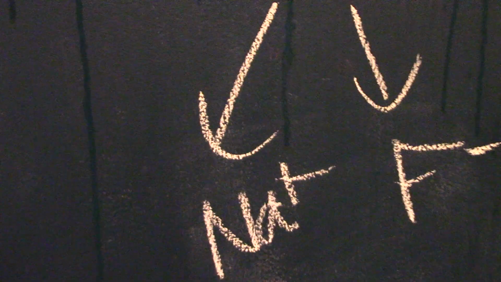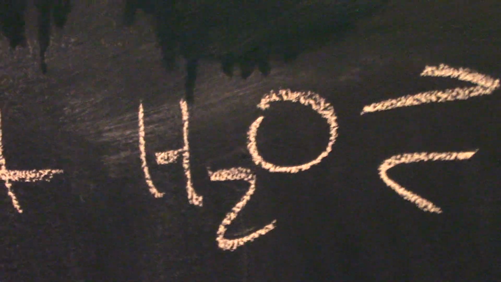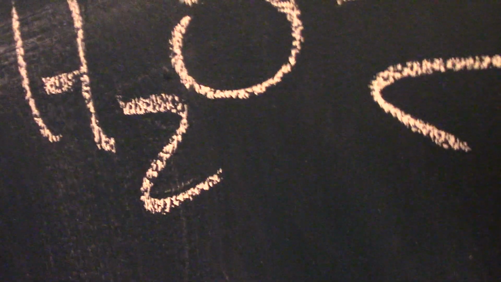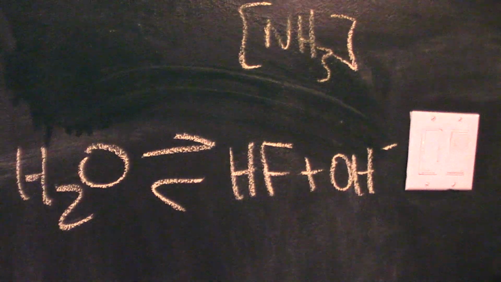Now let's look at sodium fluoride. All right, so NaF, you have to do dissociation here. So this breaks up into Na plus and F negative. And this is going to be F negative plus H2O makes HF plus OH negative.